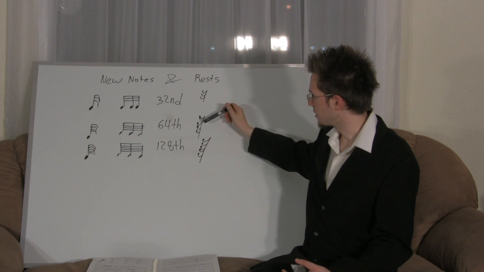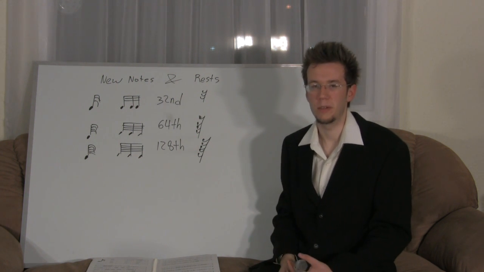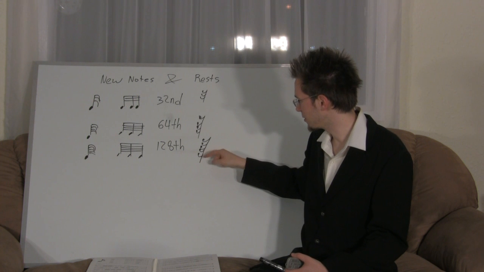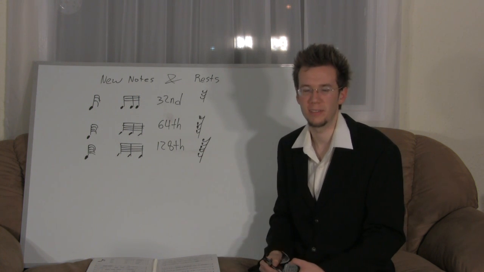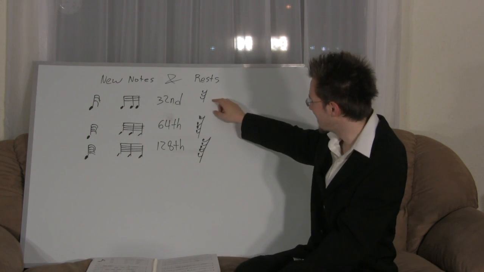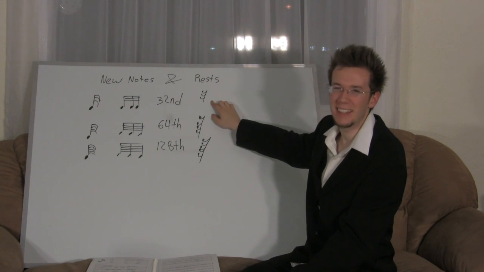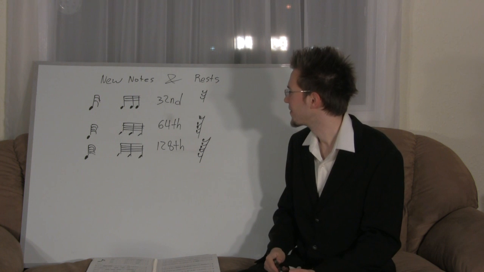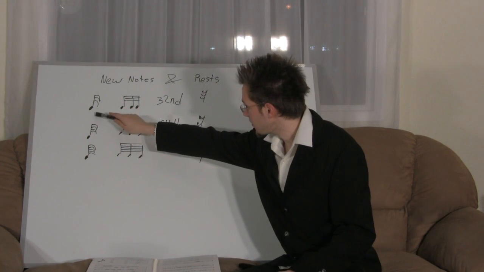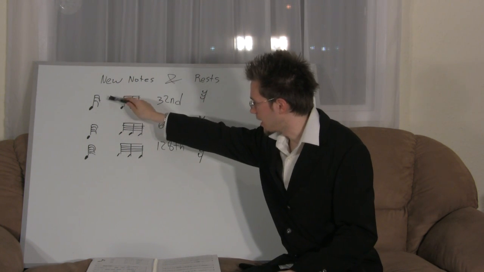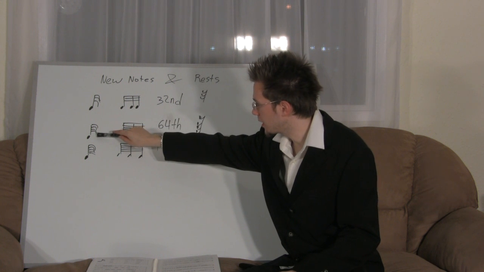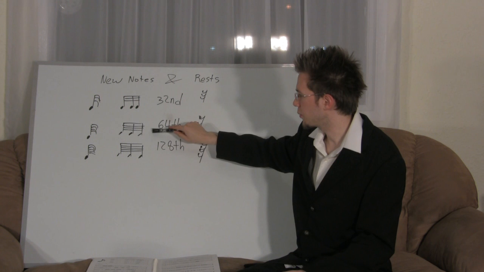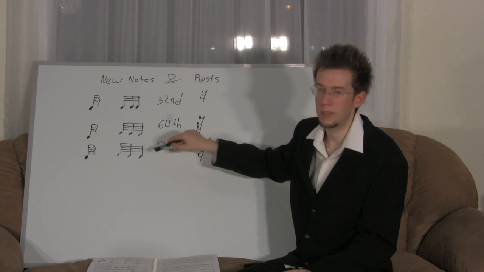Here we have this with 3 tails, here it has 4 tails, and here it has 5 tails. Here it has 3 lines, here it has 4 lines, here it has 5 lines, joining them all together.